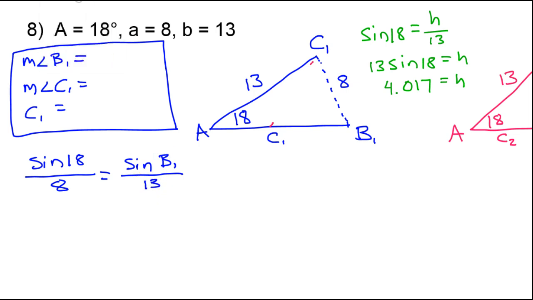Alright, now I'm going to multiply by 13 to get the sine of B1 by itself. Alright, so those 13s cancel each other out. That gives me the sine of B1 by itself. But I want the angle B1 all alone. So to get the angle out of this, I need to do the inverse sine of everything.